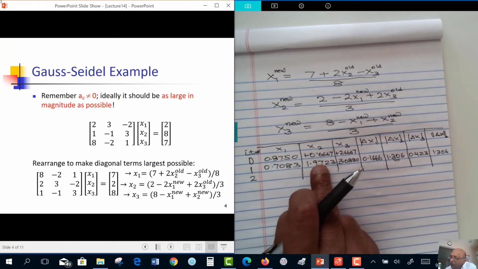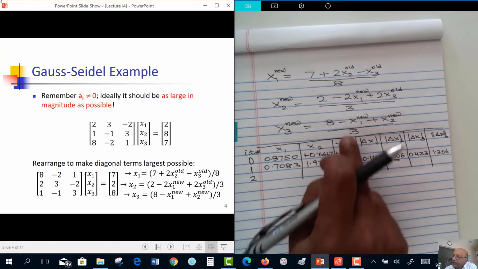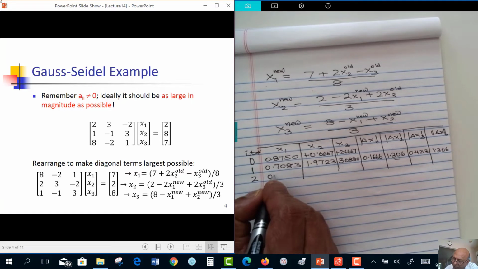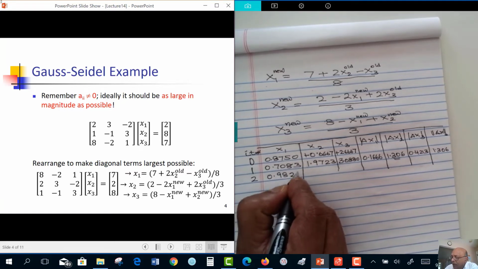So we now have old values for x2 and x3. We put them in this equation, x1 new. So we get 7 plus 2 times x2 minus x3, divided by 8. So we'll get 0.9821.